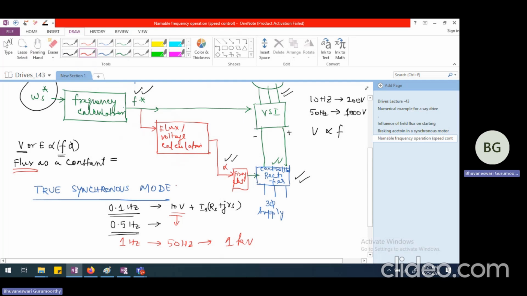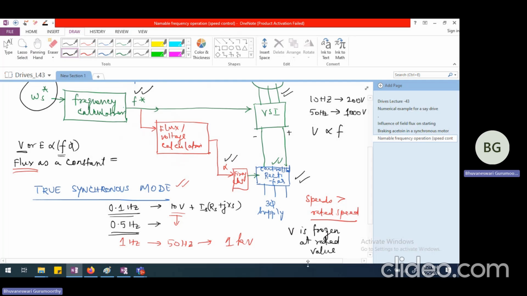And if we want to have speed greater than the rated speed, in those cases we have to freeze the voltage. V is frozen at rated value. Only the frequency will be increased.